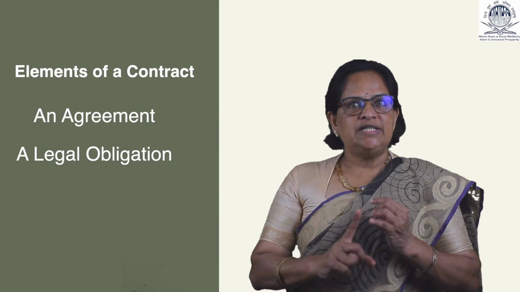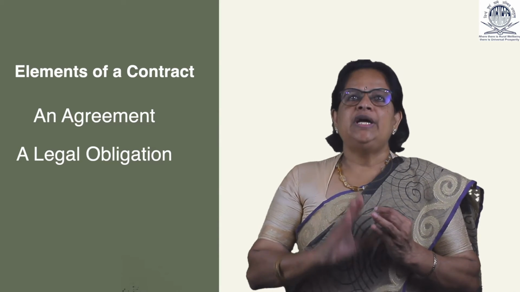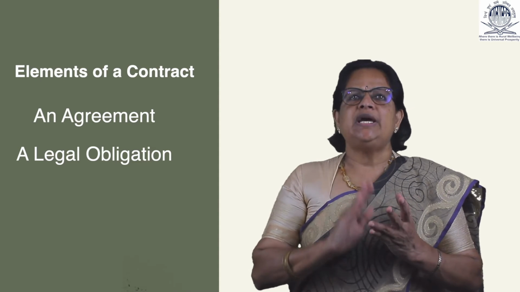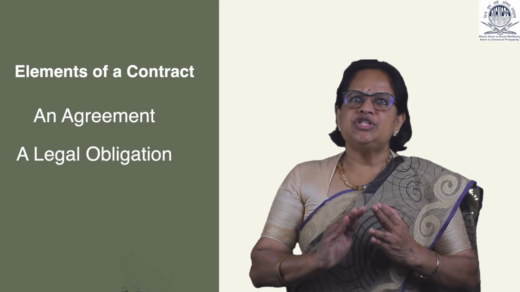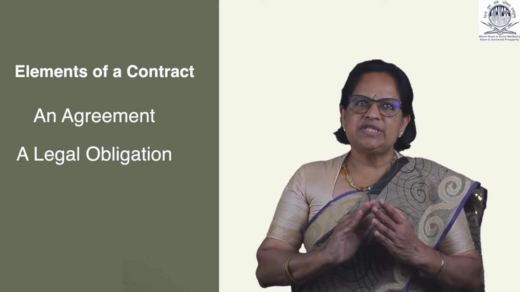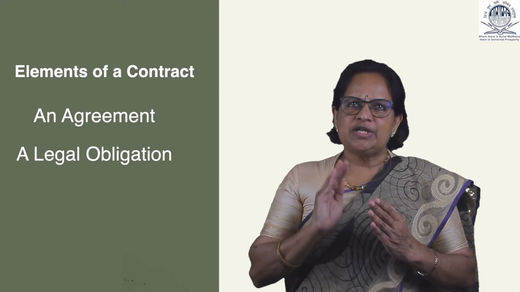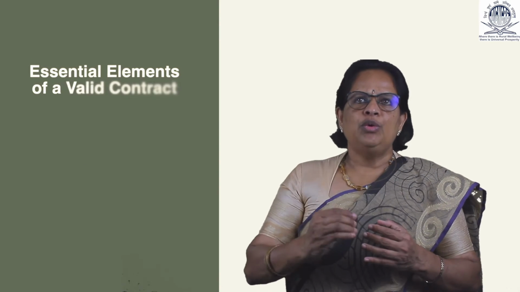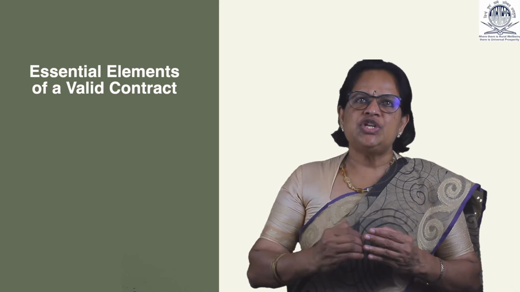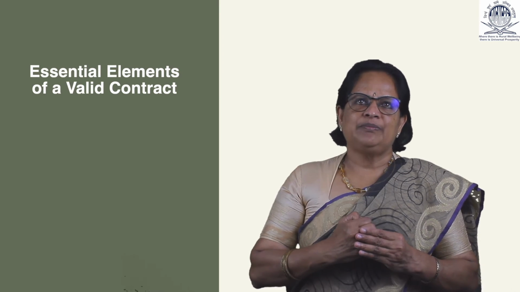As we have already discussed and understood, a contract is an agreement and a legal obligation. There are 10 essential conditions to be fulfilled as per Section 10 of the Indian Contract Act to make it a valid contract. Now we will learn the 10 essential elements of a valid contract.